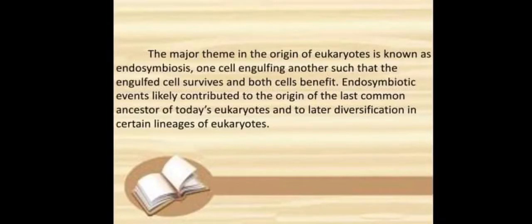Now, let us have endosymbiosis and the evolution of eukaryotes. In order to understand eukaryotic organisms fully, it is necessary to understand that all extant eukaryotes are descendants of a chimeric organism that was a composite of a host cell and the cells of an alpha proteobacterium that took up residence inside it.